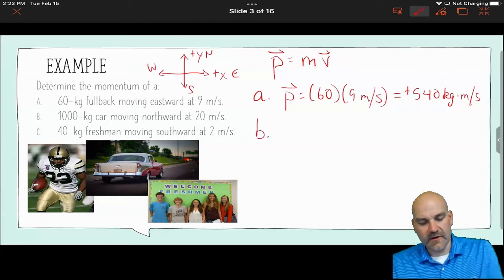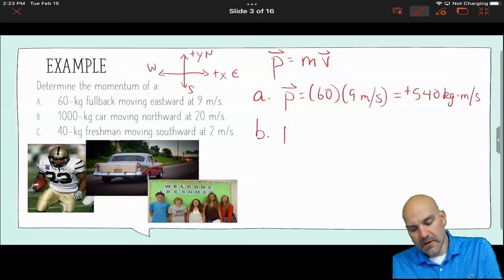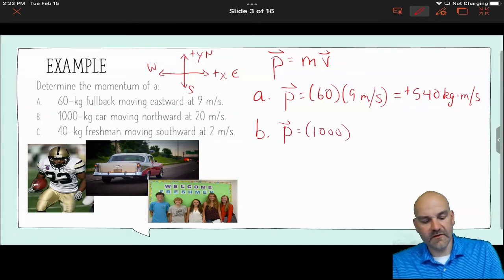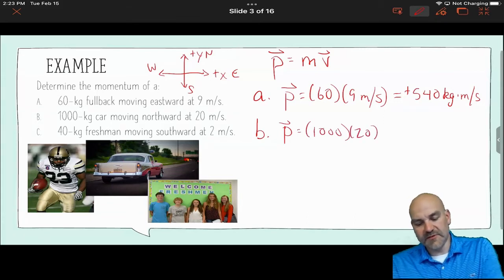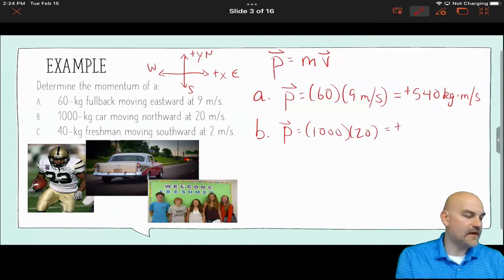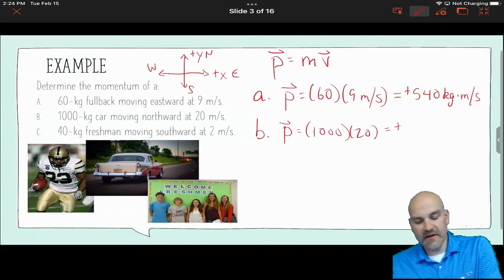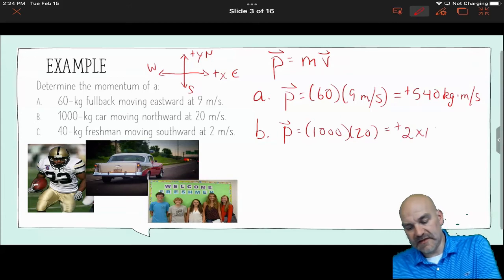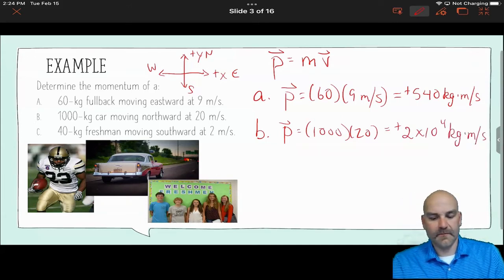Now the car going northward: P is equal to 1,000 kilograms times 20 meters per second northward. Our answer is positive because we've defined positive to be north, and that's a value of 2 times 10 to the 4th kilograms times meters per second.